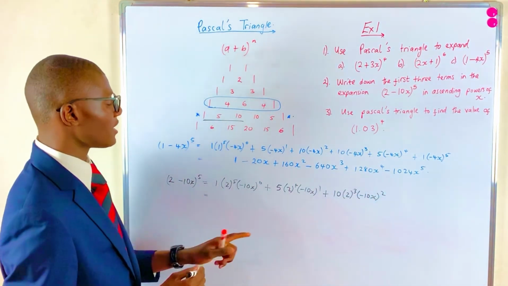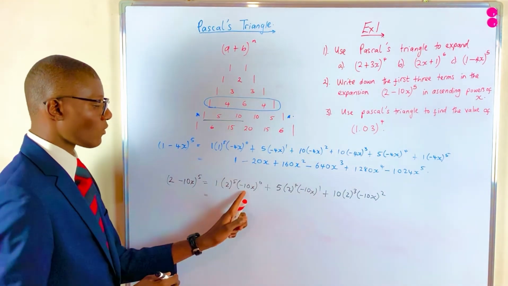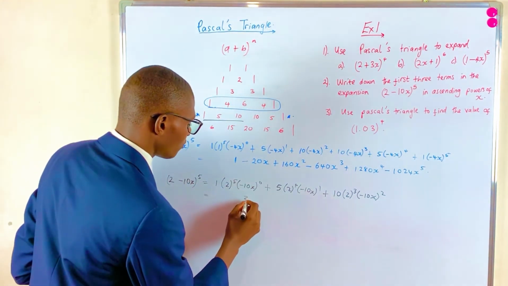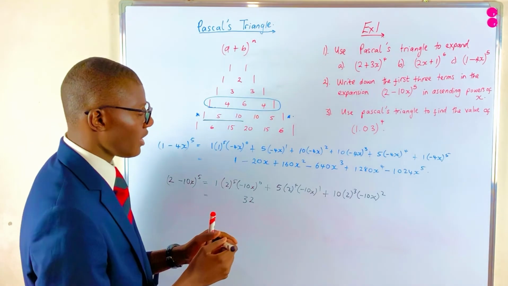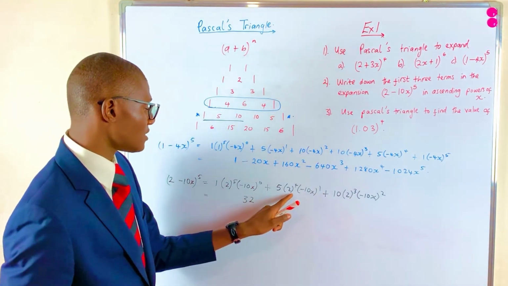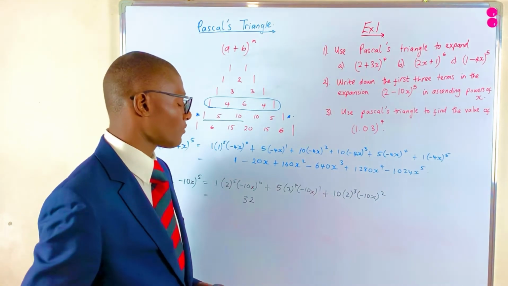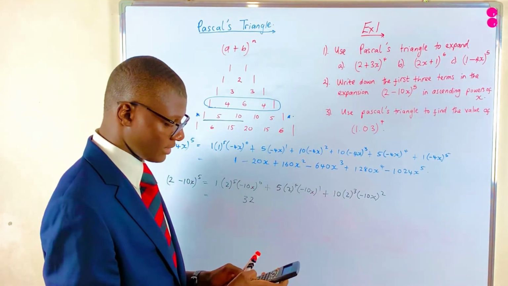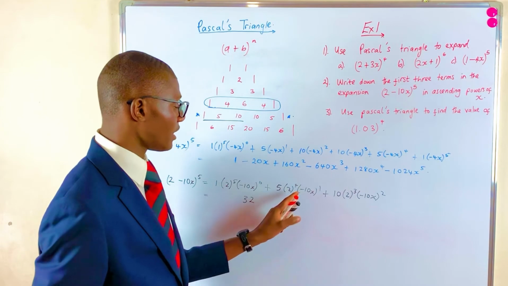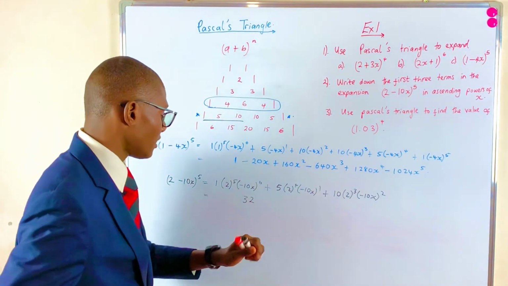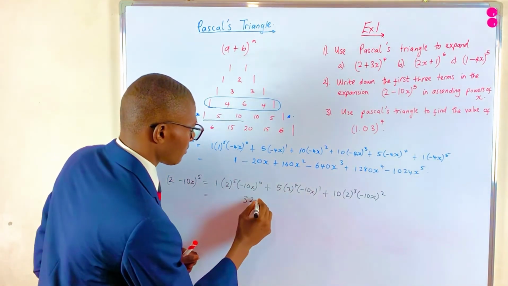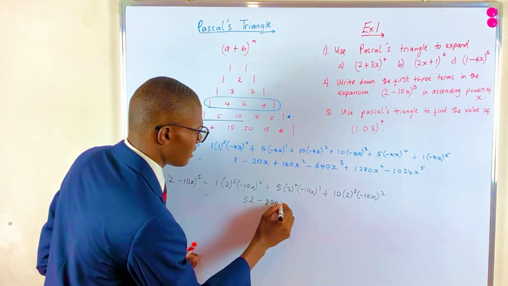So simplifying this, here we get a 1, and then that will be 32. So there's 32, and then 2 to the power of 4, we get a 16. And 16 times 5, we get 80. 80 times minus 10, we get minus 800x.